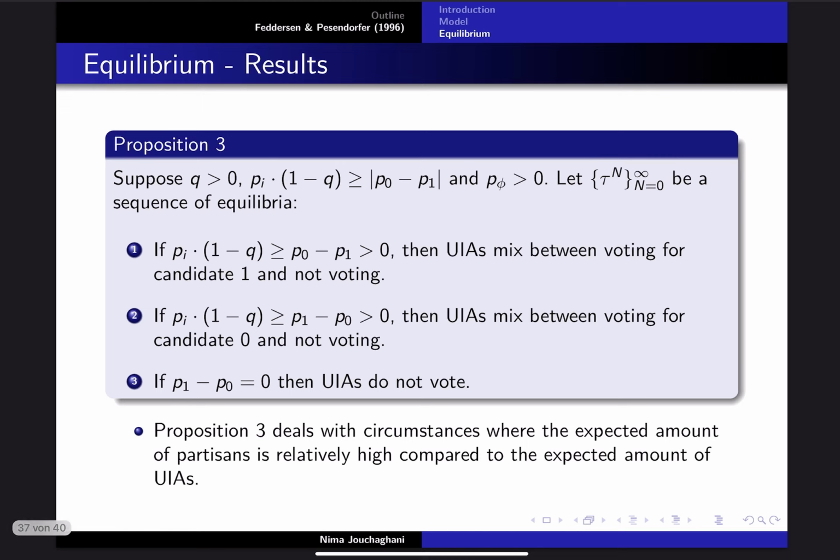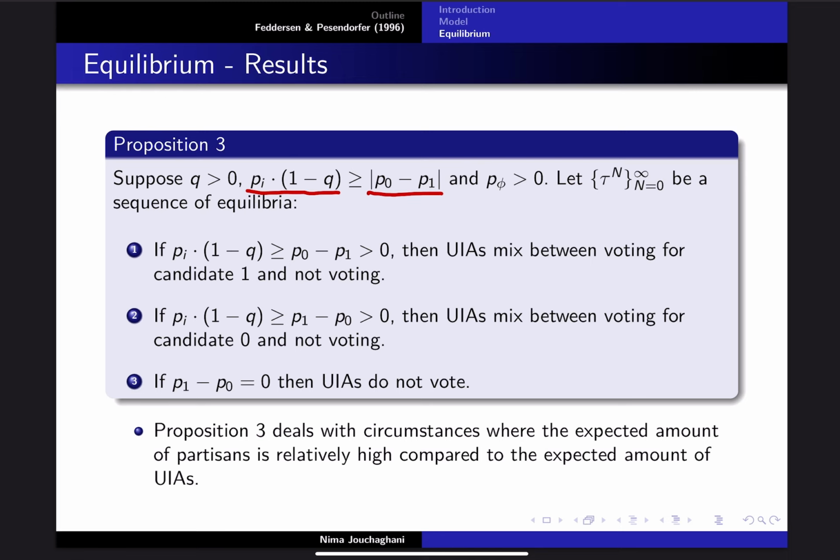Now let us come to the other case. So let's assume that the amount of uninformed independent agents, the number reflected by this probability measure here, is larger than the expected amount of partisans for one of the candidates.